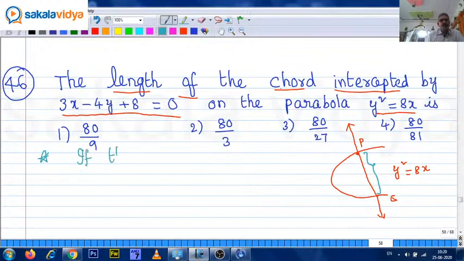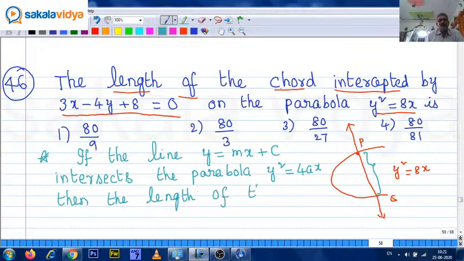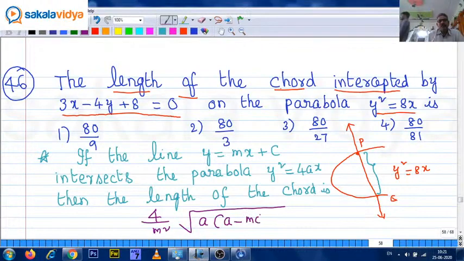If the line y is equal to mx plus c intersects the parabola y square is equal to 4ax, then the length of the chord is given by the formula 4 upon m square, where m is the slope of the line, root over a times (a minus mc) times (1 plus m square). This formula you need to remember.